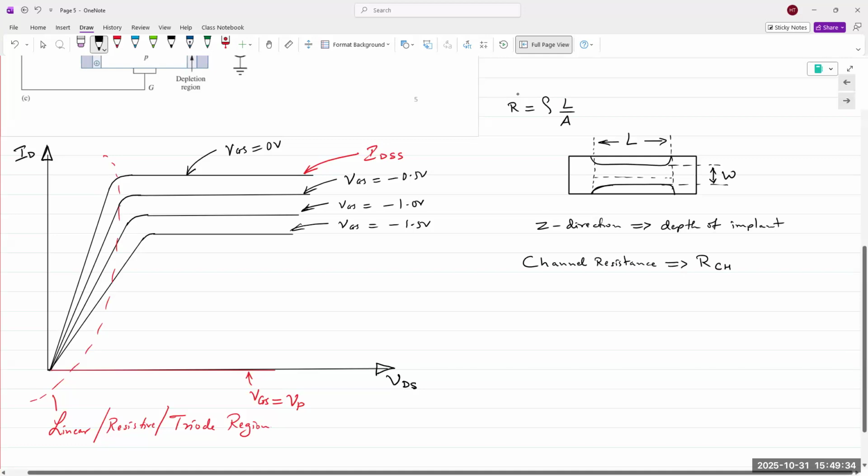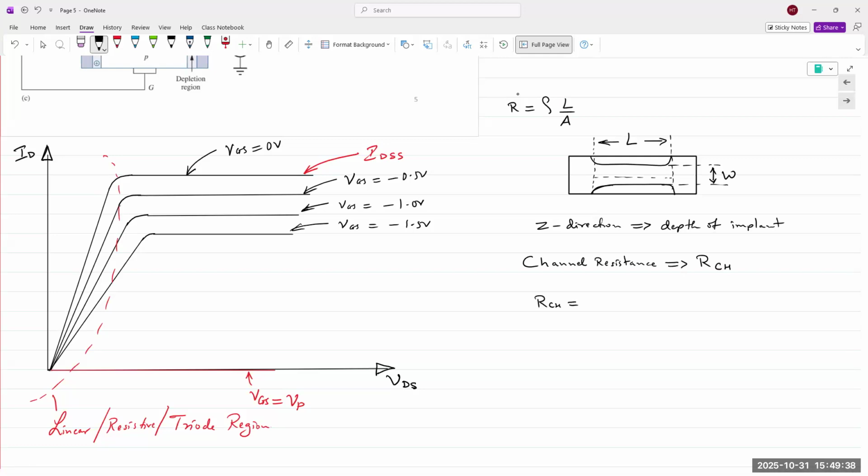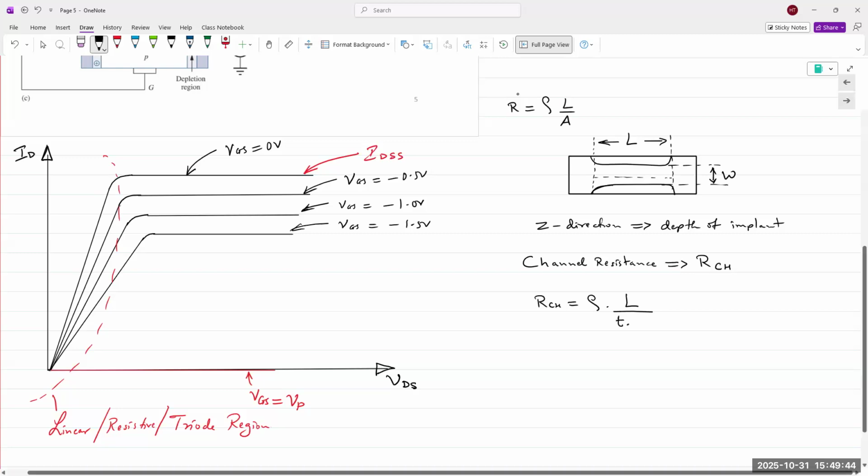RCH. RCH is rho L over TW, where T is the depth of the implant.